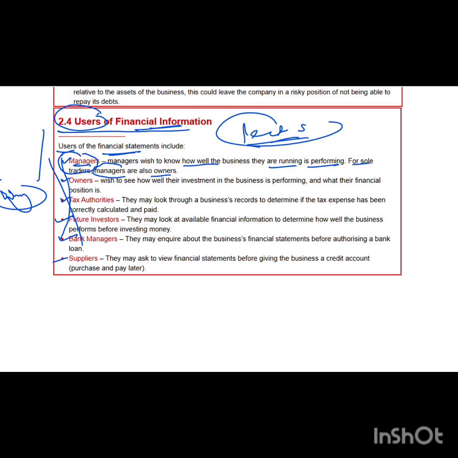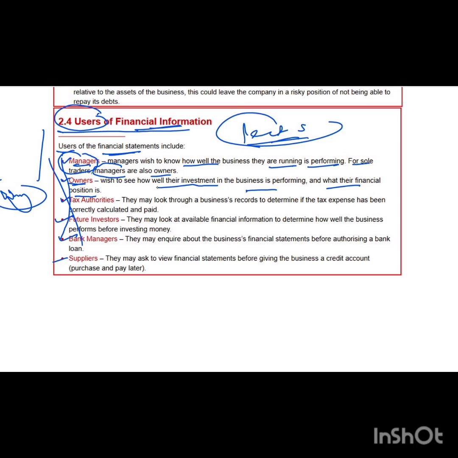Now let's talk about the owner. The owner is the person, or the people, who have invested in the business. So they are the owners of the business. Clear? They wish to see how well their investment in the business is performing and what their financial position is. In simple words, the owner wants to see if the investment is growing and what they own.